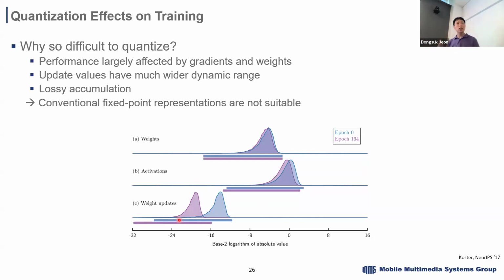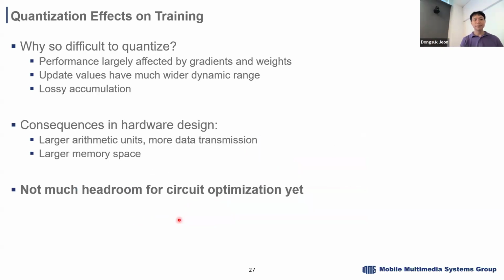The problem is you need to represent all these values using a single data format on your chip. That means you need a much higher precision data format for this kind of training process. As a result, we've seen some papers in academia on neural network training processes, but I don't think there's been a huge breakthrough until today.